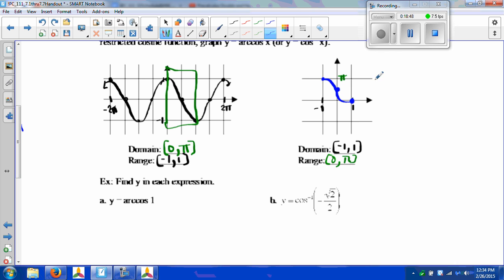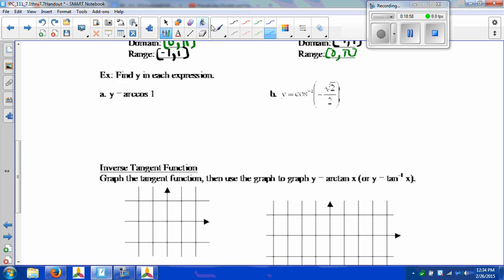Again, you don't need to be able to recall this graph in your head to be able to answer these questions, because you already have the unit circle memorized. So you can just use it again to answer these. So we think, again, when you see arc, where is cosine 1?